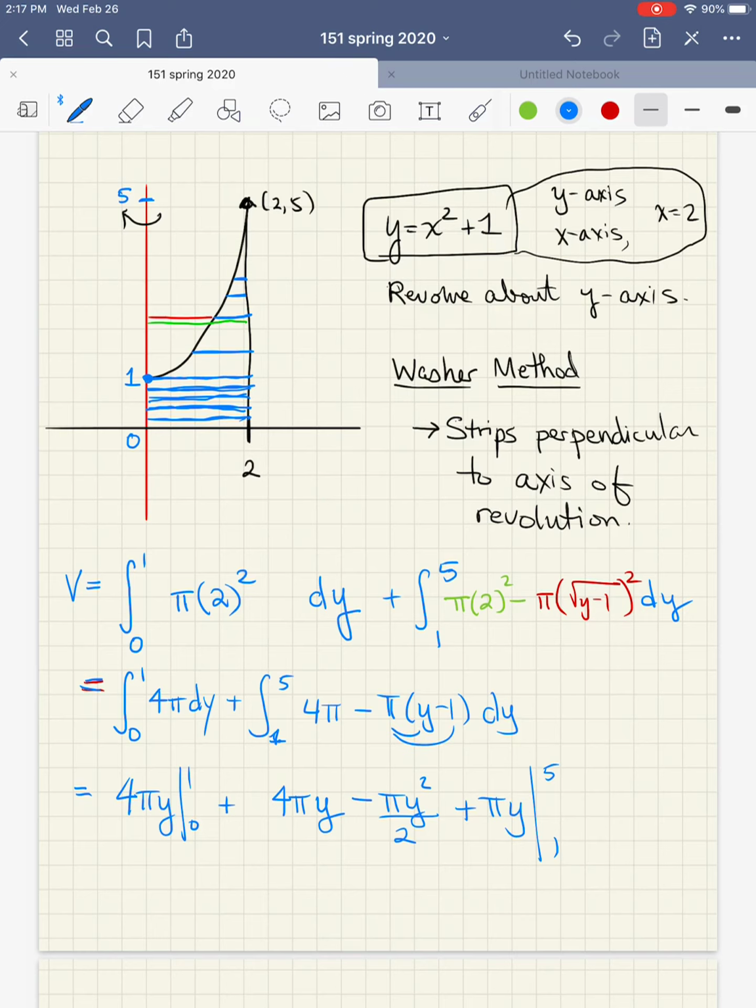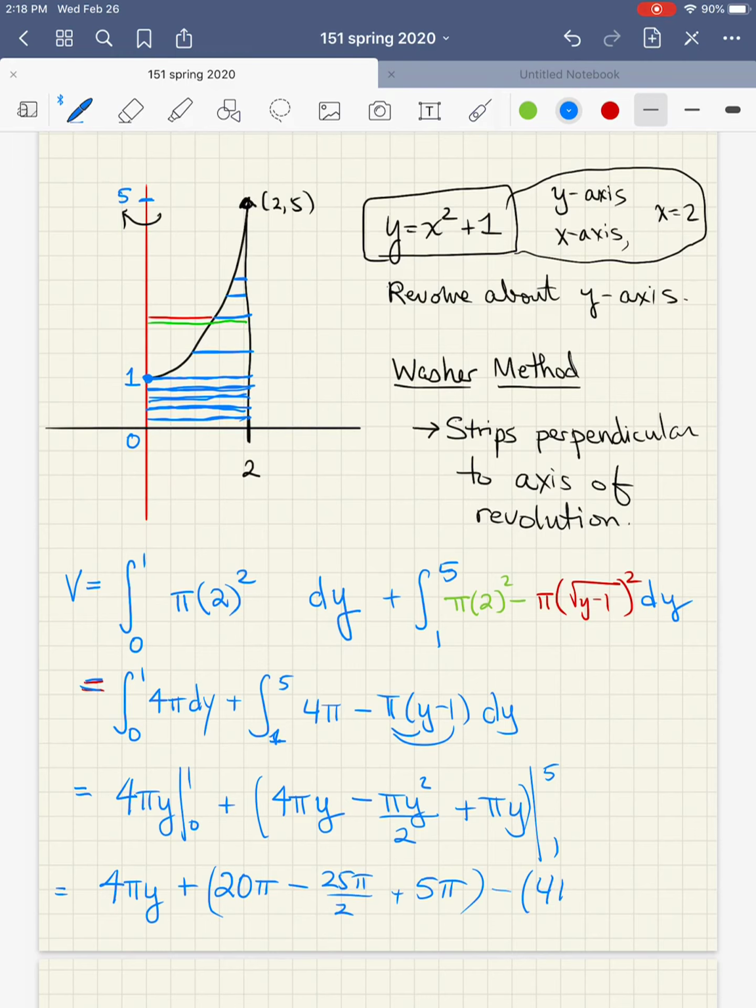I expanded this before doing the antiderivative. And at the end of the day, I'm going to get 4 pi, plus 20 pi minus 25 pi over 2 plus 5 pi. And then I need to subtract when I plug in 1.